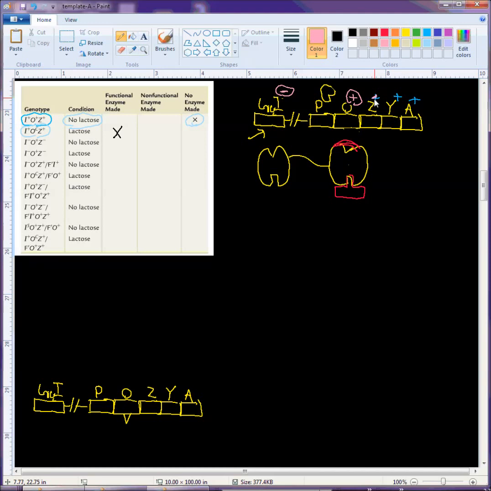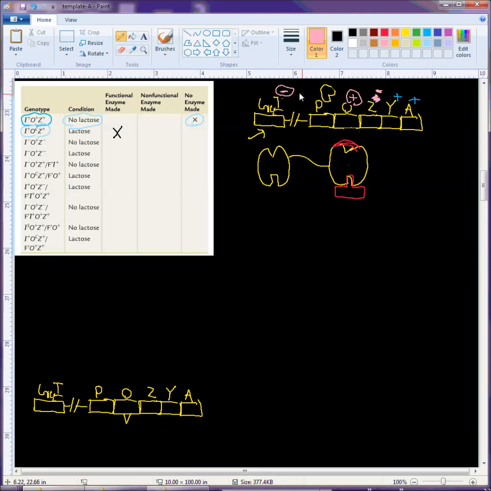I'm just going to cross that out like that, put Z minus. Okay, so this is the genotype of the E. coli cell, and we have no lactose.